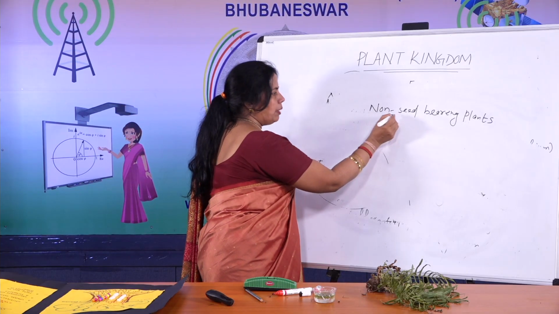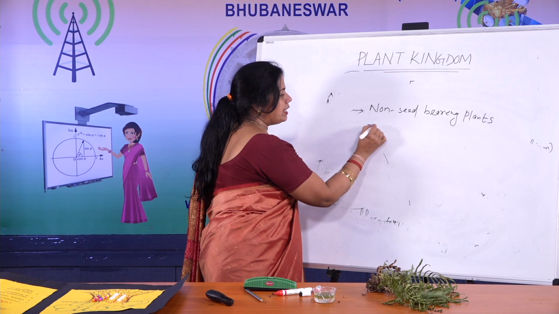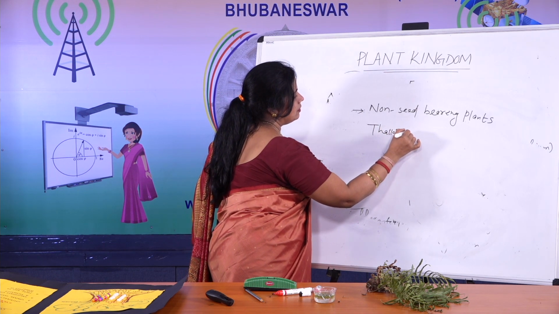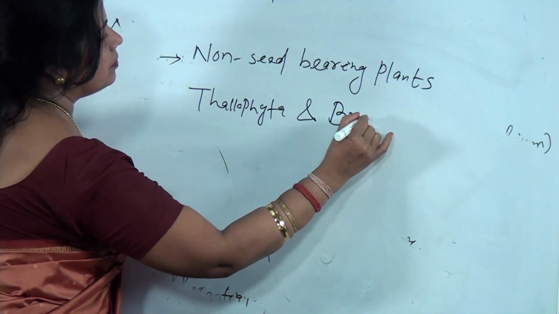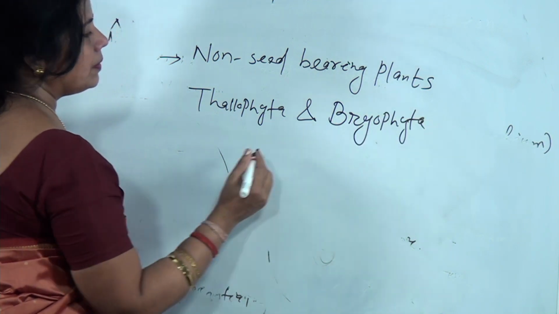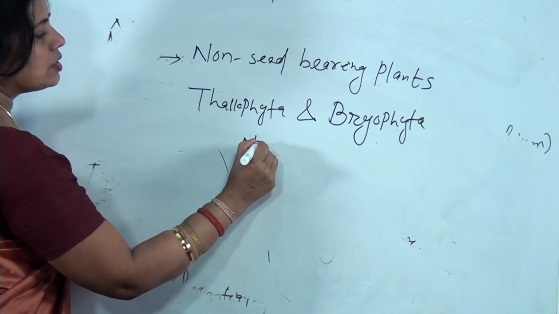Okay? And among them, the first two, Thallophyta and Bryophyta, these two are non-vascular plants.